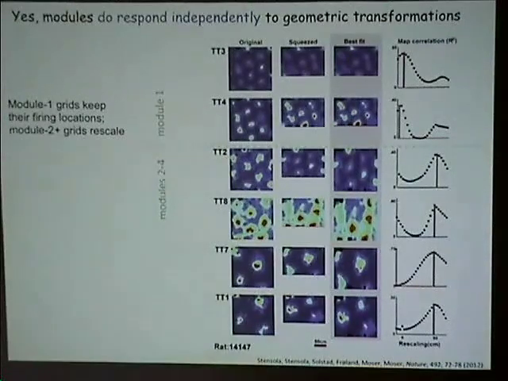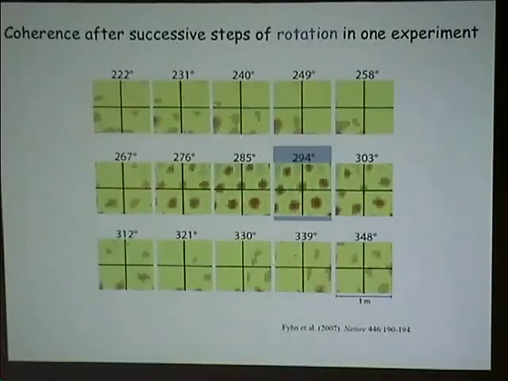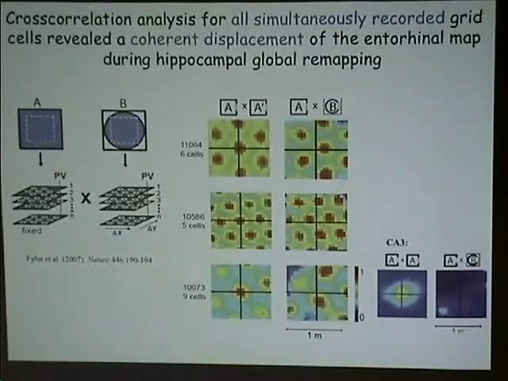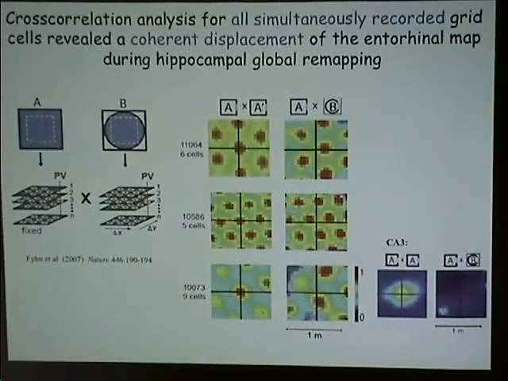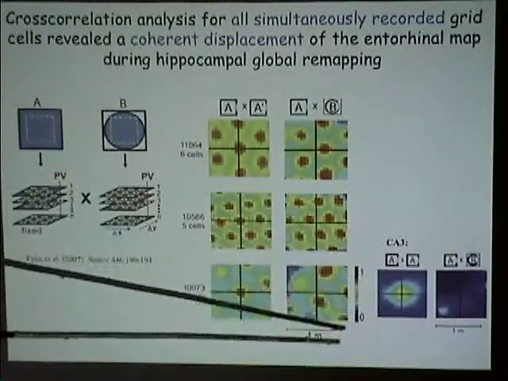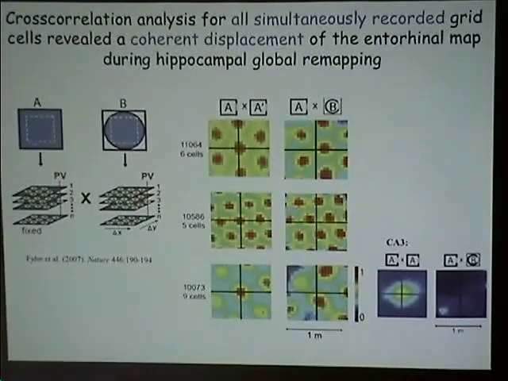No, so again, that experiment hasn't been done. Ideally, what we know, the knowledge we have, is that when you get global remapping in the hippocampus with simultaneous recordings from medial entorhinal cortex, global remapping is always accompanied by some sort of shift in the grid cells, in the phase and possibly the orientation of the grid cells.